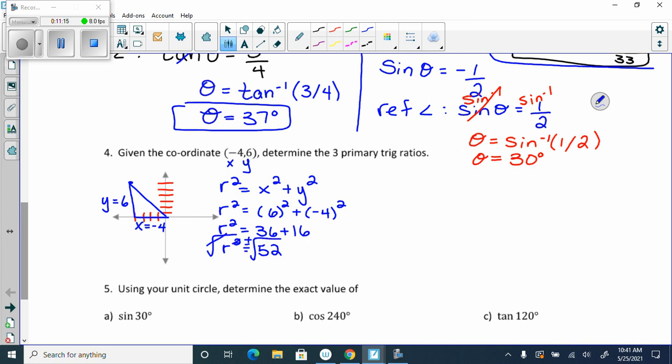But r always, because it's a radius and it's a length of measure, always has to be positive. 52, can I break it down into anything? I think it's 4 and 13? Yeah. When you take the 4 out, it becomes 2 root 13.